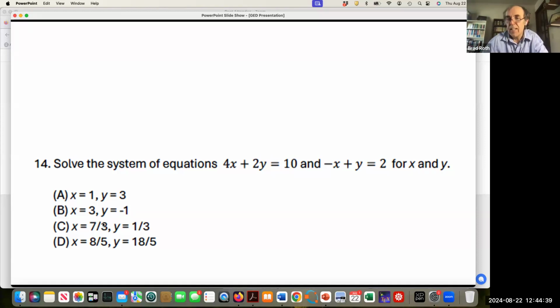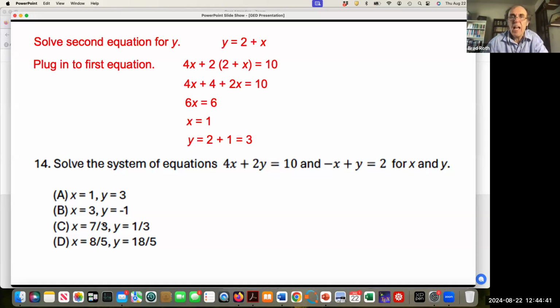I personally think taking the second equation and solving it for y is pretty easy. So you just get y is equal to 2 plus x. And then you go back to the first equation and where you had y, you plug in 2 plus x. So now you have just a first order linear equation to solve for x.